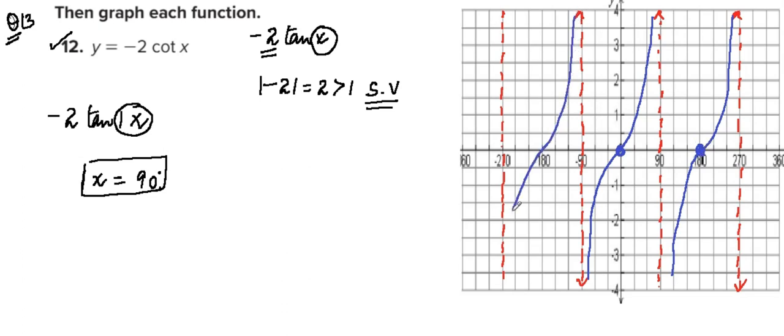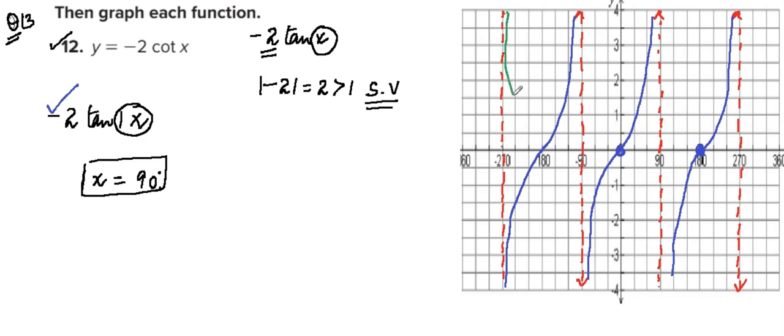But here you have a minus, so it will be a reflection. There is a minus here. So what will be the reflection? The blue lines represent the graph of 2 tan x. But what will be the graph of minus 2 tan x? That will be opposite to that, the green one.